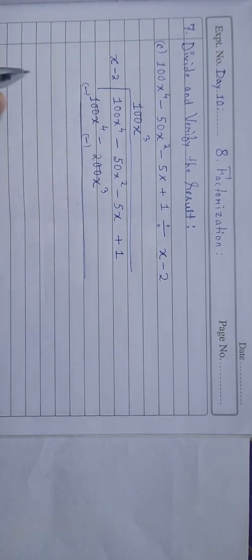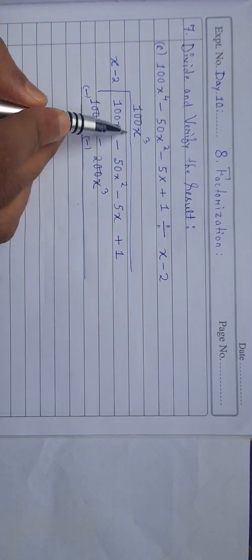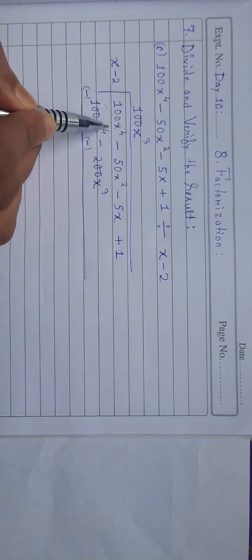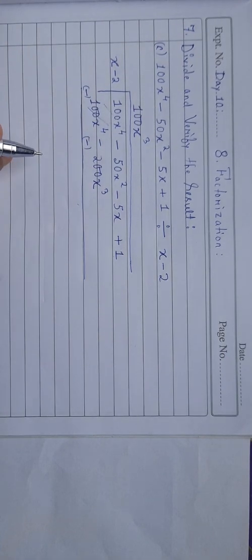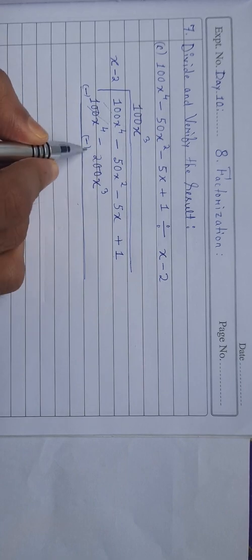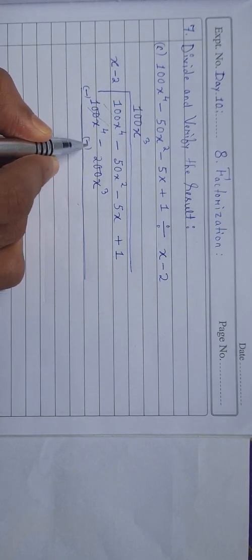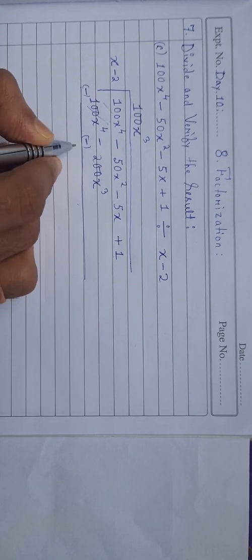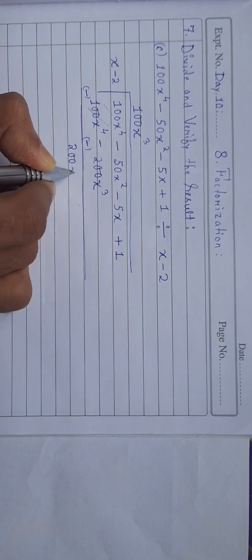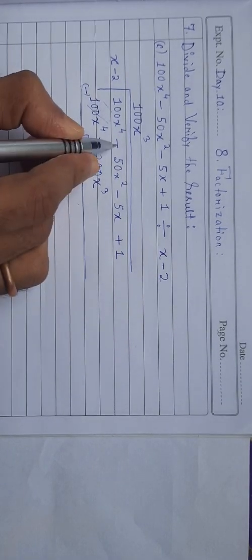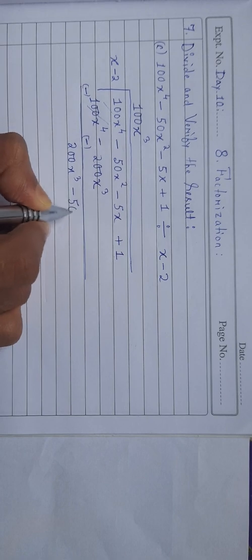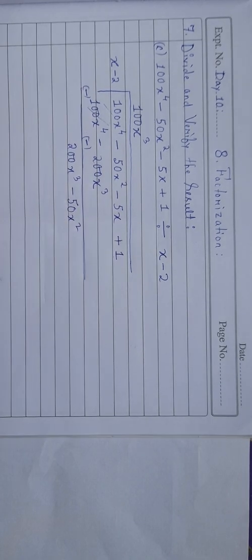Here minus, here minus, so these two terms will be cancelled. Here it is minus and this is the formula's minus. So minus and minus makes it plus. So it will be 200x cube minus 50x square.